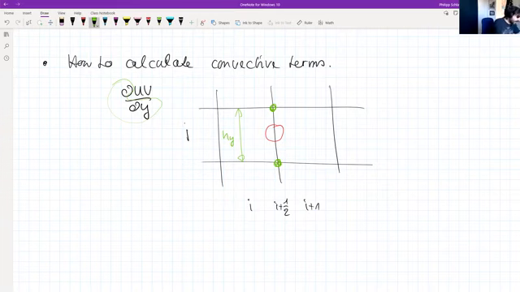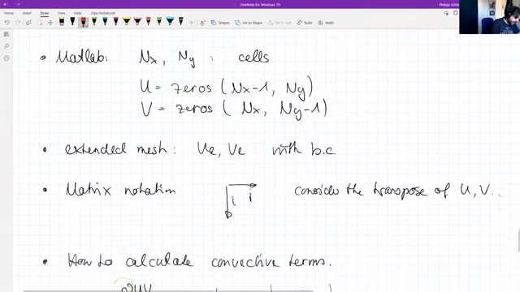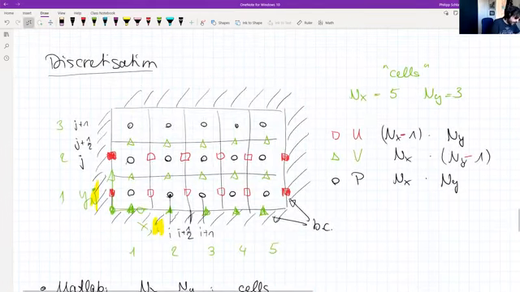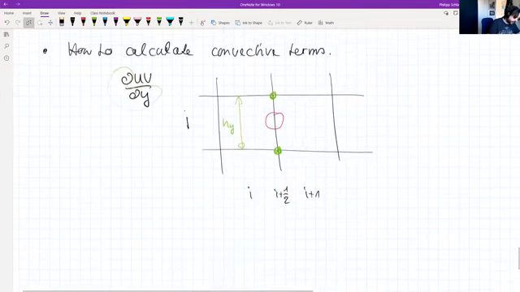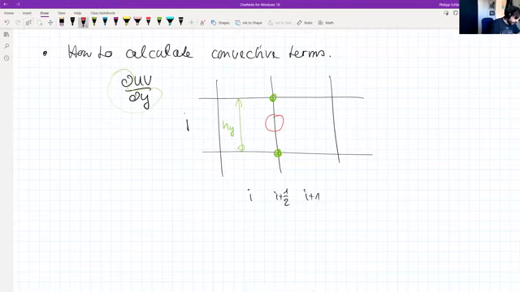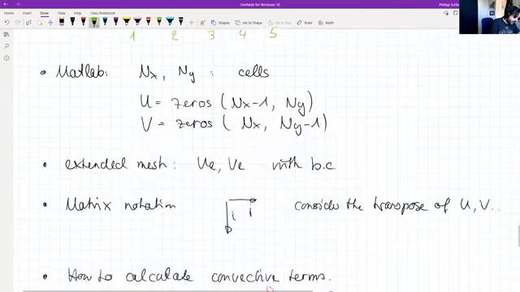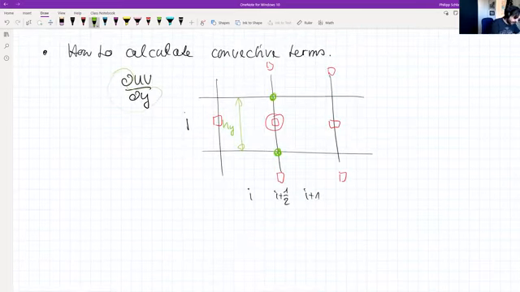Now the issue is, as we know from above, that the u velocity is defined on the squares, so essentially here. And the v velocity is defined on the triangles, so here, here, and here, for instance.